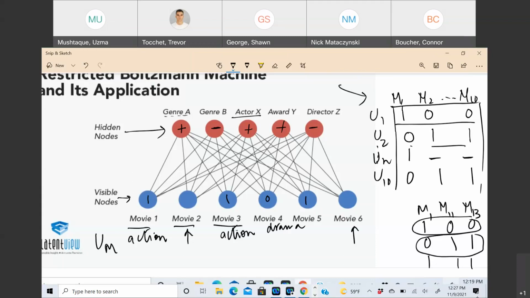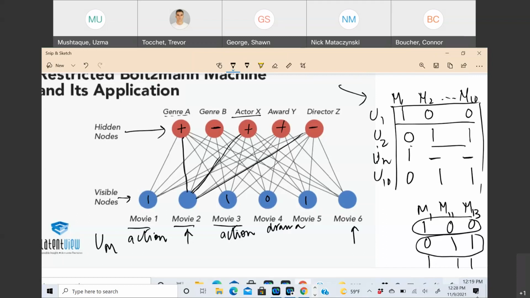Then I have to go backwards to see where this movie lies, because obviously this movie has not been rated by my user. But let's say that this movie had a very high weight for genre A, and also a very high weight for this actor, and a high weight for this director.